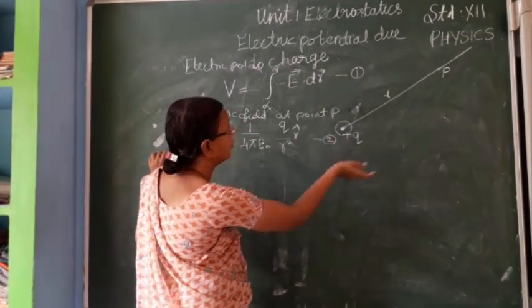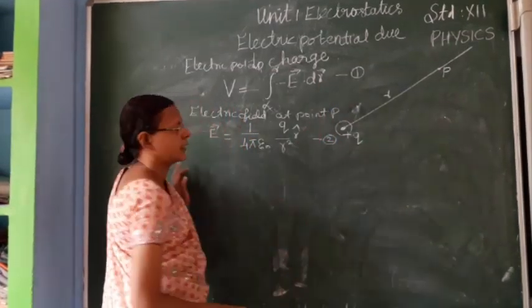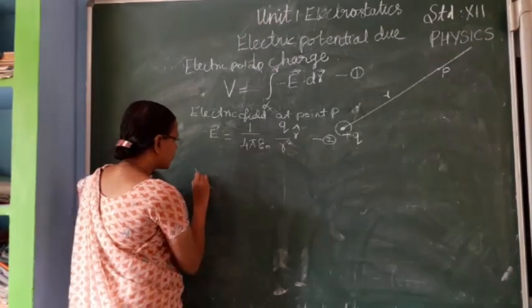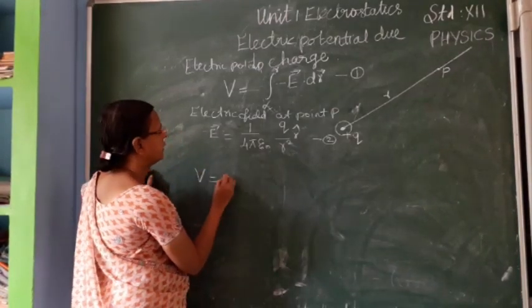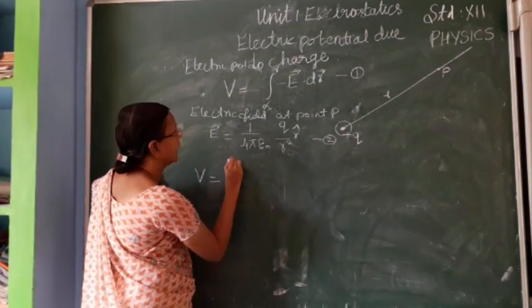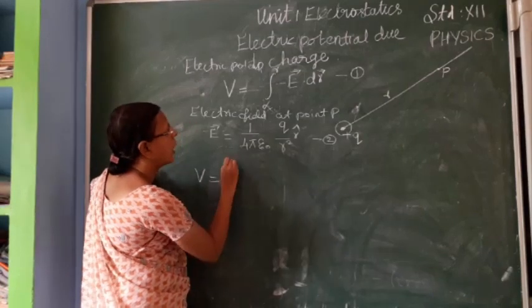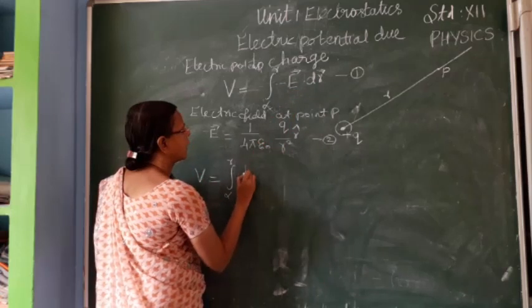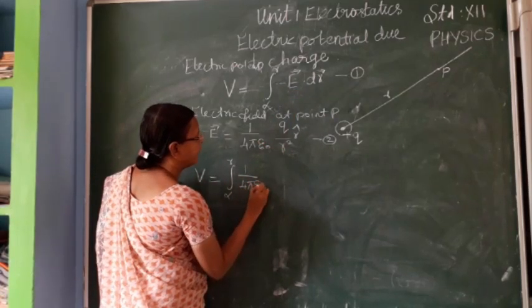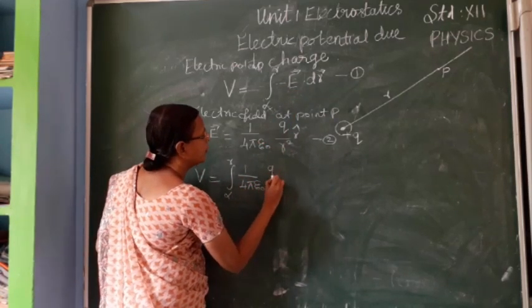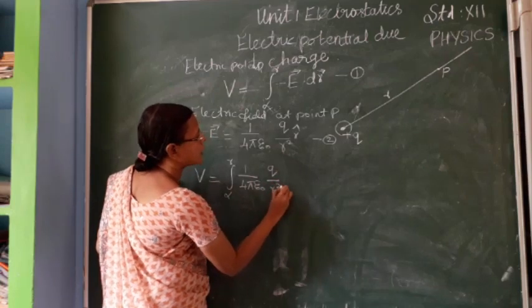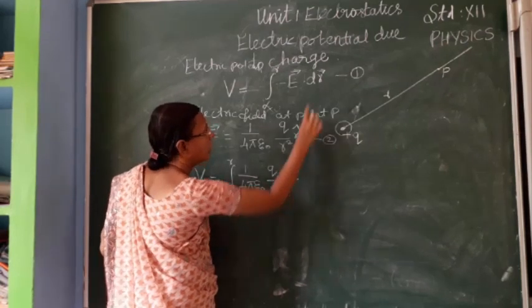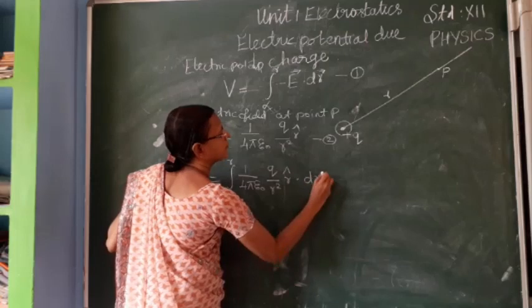Equation number 2 we have to substitute in equation number 1. So V, the electric potential, is equal to integral from infinity to R. In place of minus E, we substitute 1 by 4 pi epsilon 0, Q divided by R square, R cap dot dr vector.